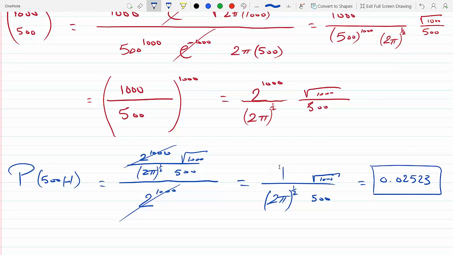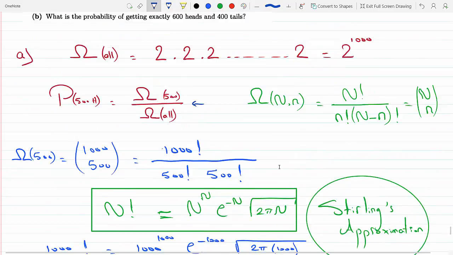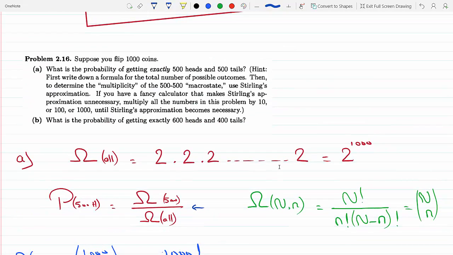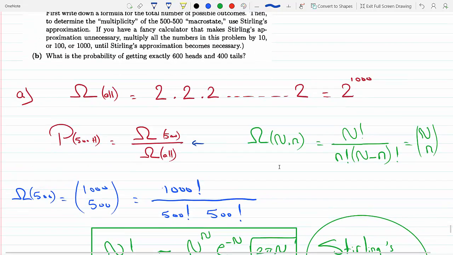So this is the probability of getting 500 heads, simplified using Stirling's approximation. Okay, let's do the second part. The second part is what's the probability of getting 600 heads and 400 tails. So it's the same thing, except instead of 1000 choose 500, it's gonna be 1000 choose 600.